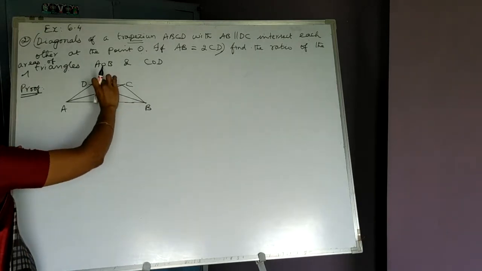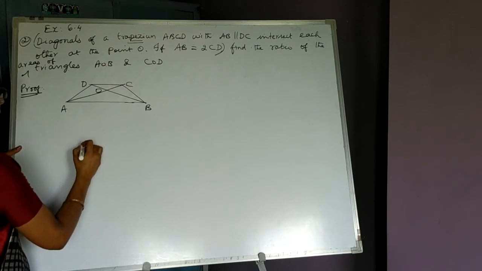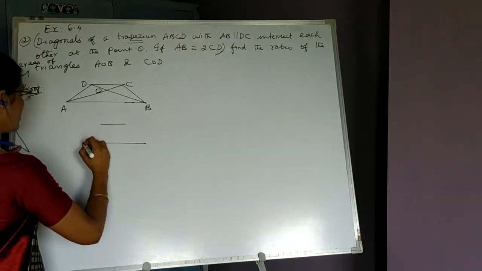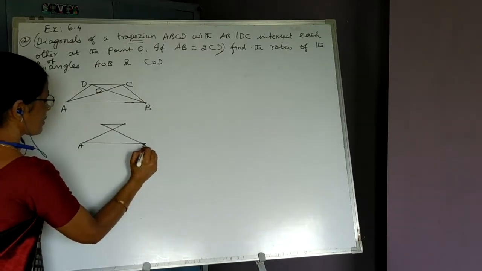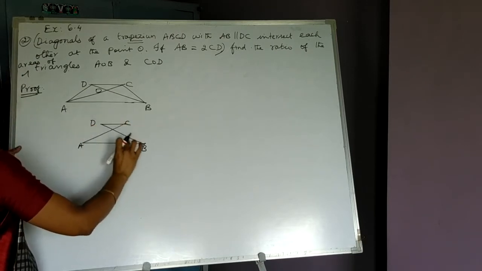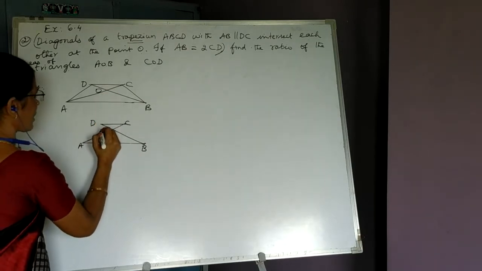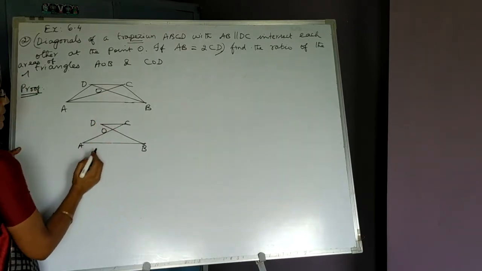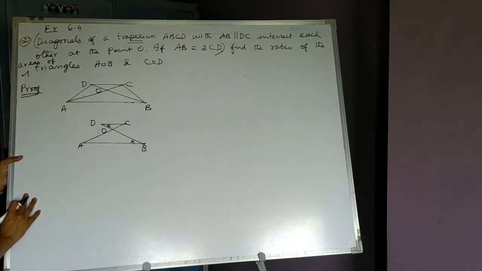So by proving these two triangles similar, we are going to bring the result. We are going to take the triangles which contain the parallel sides. Which are the parallel sides? AB and CD. So we have taken the two triangles which contain the parallel sides. AB and CD are parallel. What kind of angles are these two? These are alternate angles.